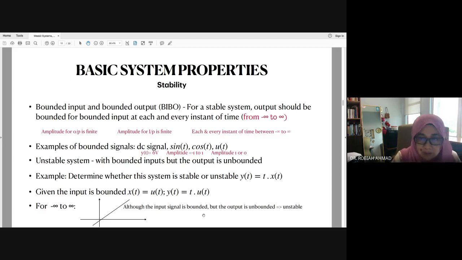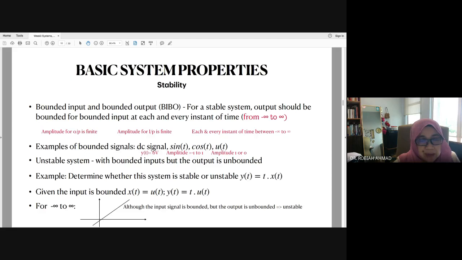For a stable system, the output should be bounded for bounded input at each and every instant of time, let's say time from minus infinity to infinity. So the amplitude of output is finite and the amplitude of input is finite at every instant. Examples of bounded signals are DC signal, sin t, cosine t, ut.